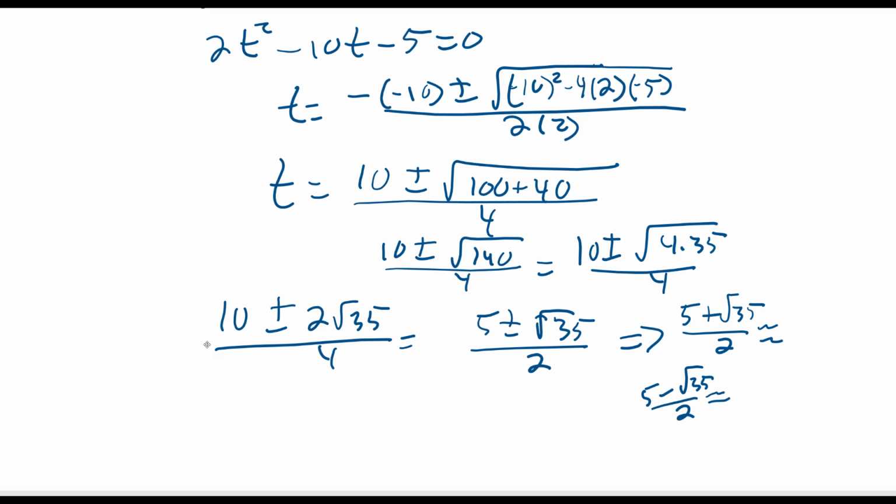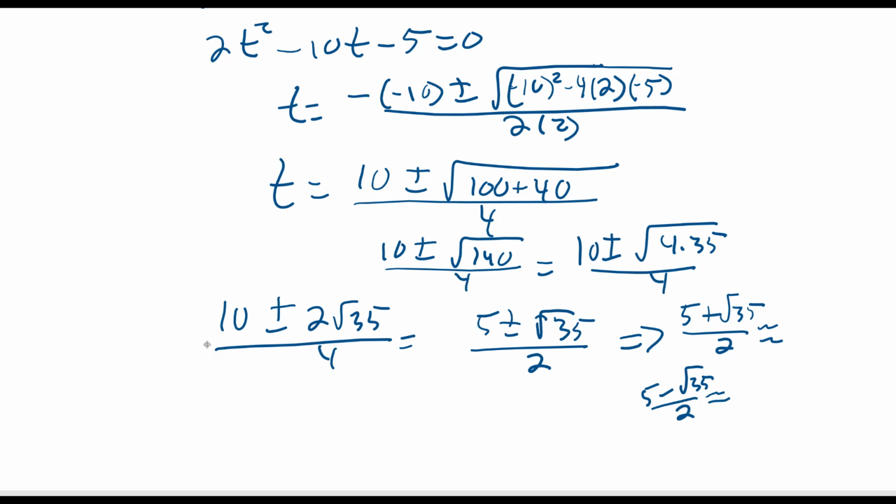So let me go ahead and see what I come up with here on my fun-filled phone calculator, because my calculator is charging. So we have 5, don't forget the parentheses, we have 5 plus square root of 35 divided by 2.